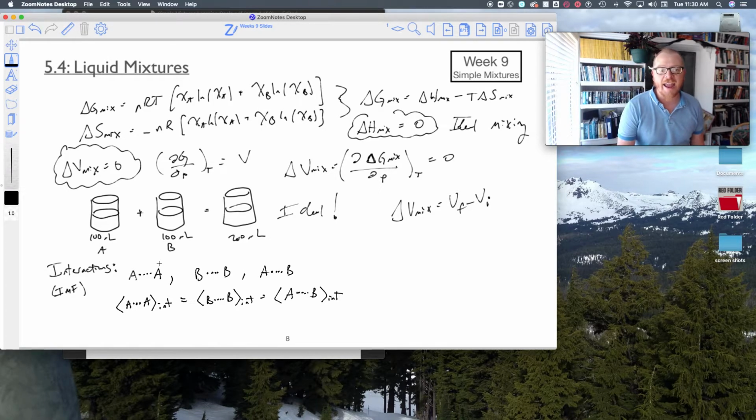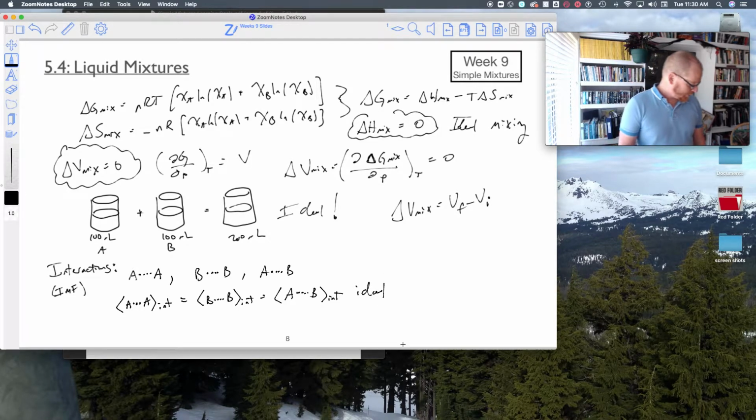If A can hydrogen bond to another A, and B can hydrogen bond to another B, then we could conclude that A will likely hydrogen bond to a B, and thus all of those interactions will be roughly the same, and this would be ideal.